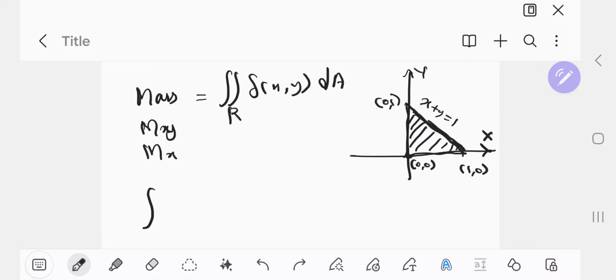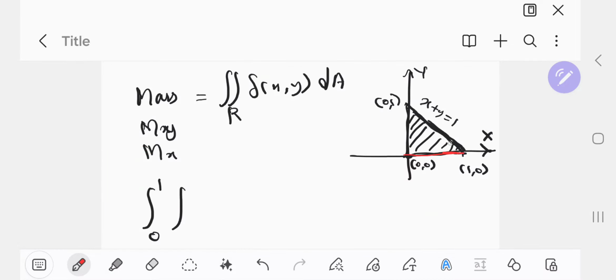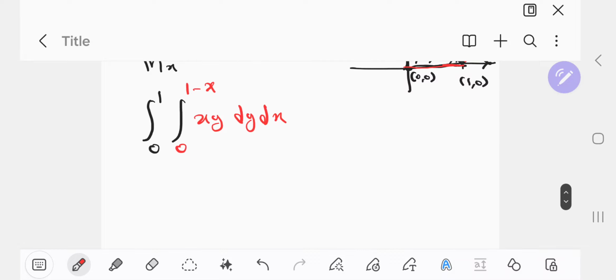If so, what is the limit for x and what is the limit for y? x varies from 0 to 1 and y varies from this line to this line, that is, y equal to 0 to y equal to 1 minus x, of xy dy dx, right? Then this is the integral from 0 to 1 of x times y squared by 2 dx.